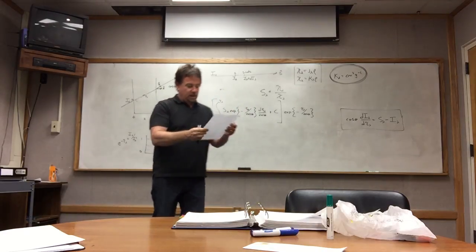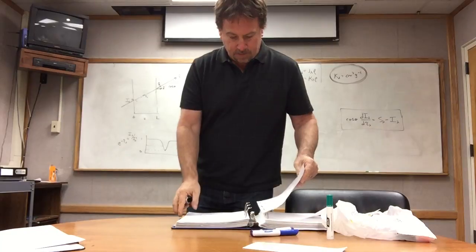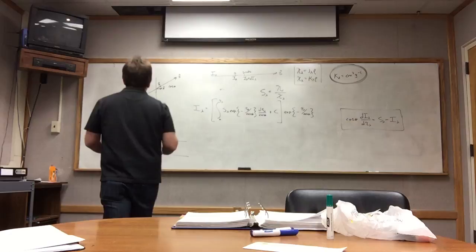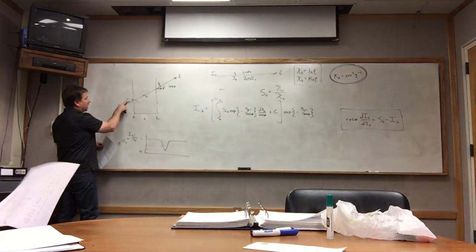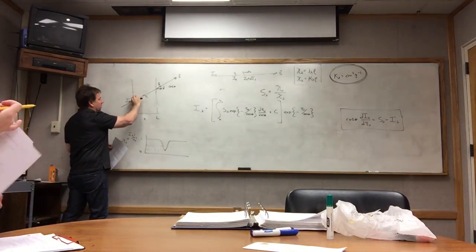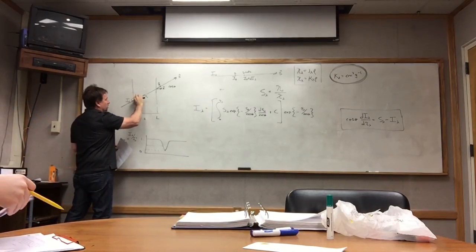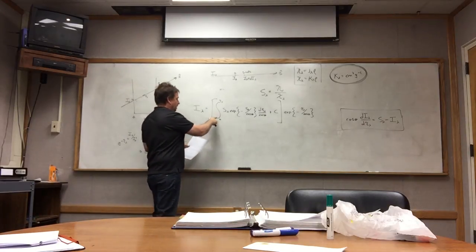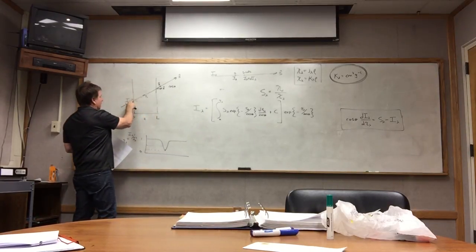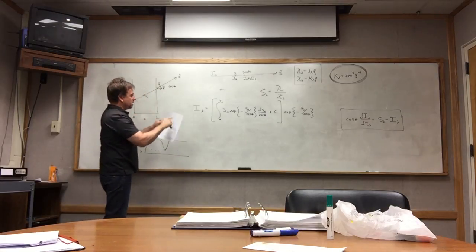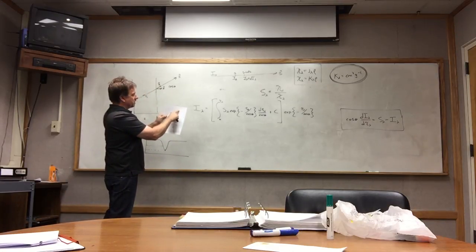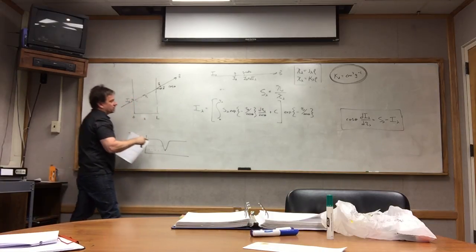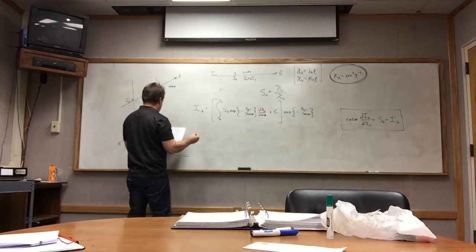So if we use the model that we're going to have some incoming I lambda here, and then some balance between absorption and emission at each point along the line of sight, then we have the boundary conditions. The boundary condition at tau lambda equals 0 is I lambda at the surface, and so you get the final solution here.